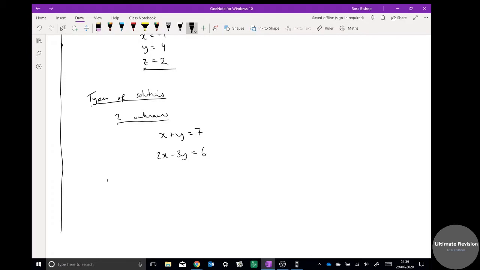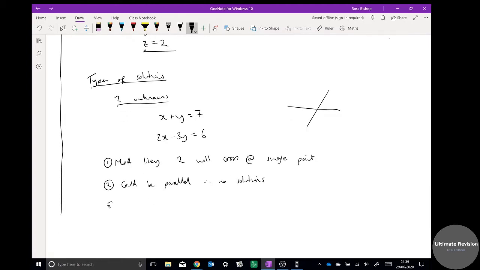The most likely case is that these two will cross at a single point. Got two straight lines, most likely they will cross at a single point, but they could be parallel, and therefore no solutions.